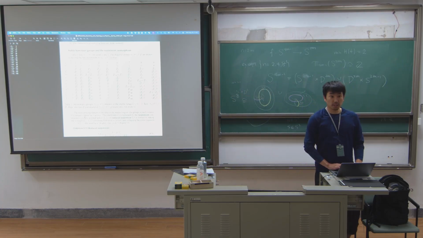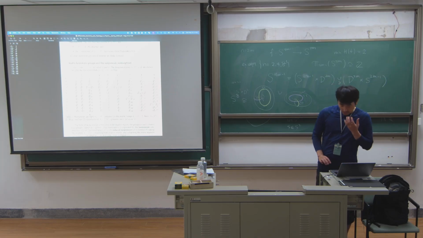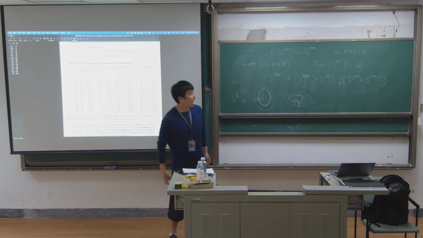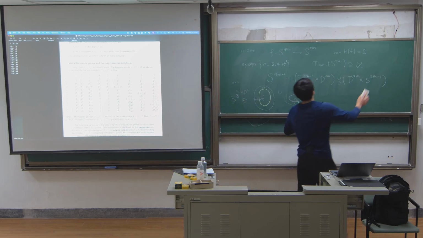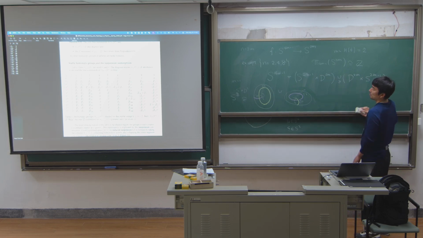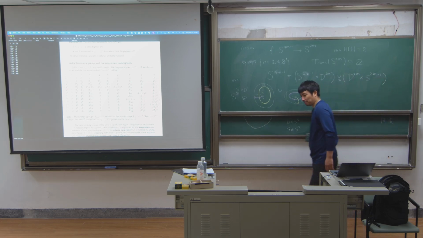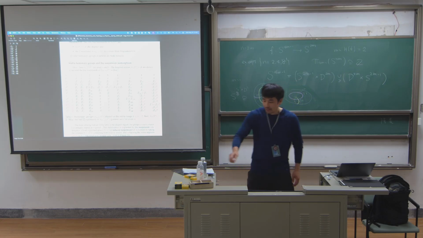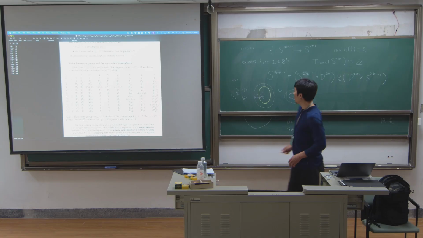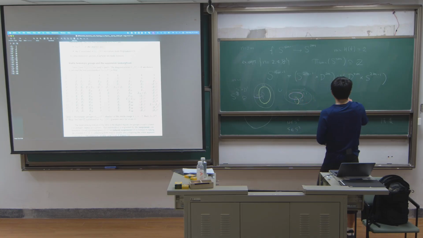Okay, shall we resume? Okay, so then, as I mentioned, this is a higher homotopy group. Homotopy group is really difficult to study, but there's an interesting thing going on. So here is the table I just show, pi_{n+k}(S^n).